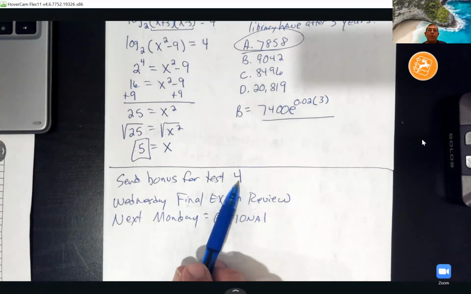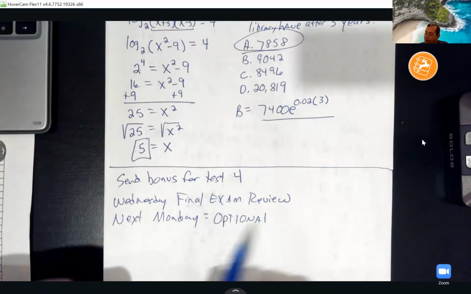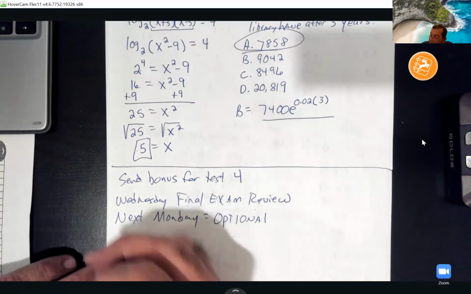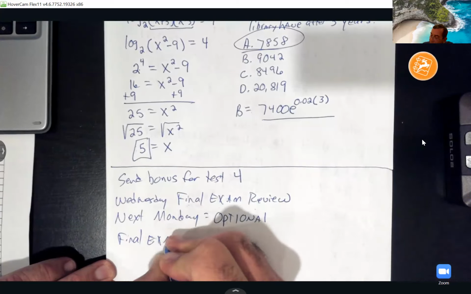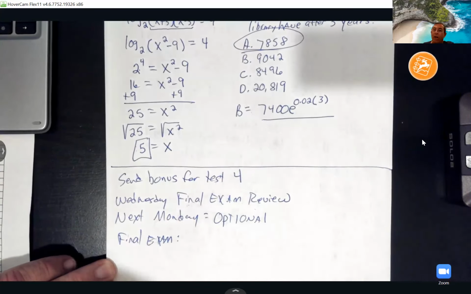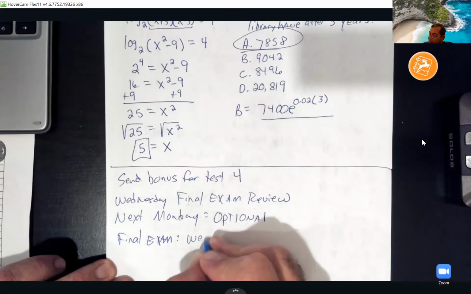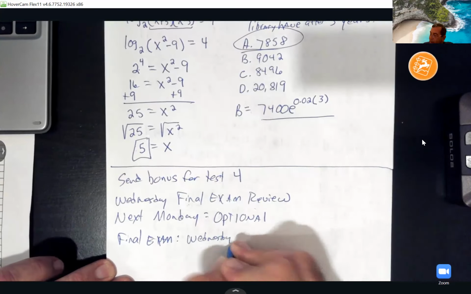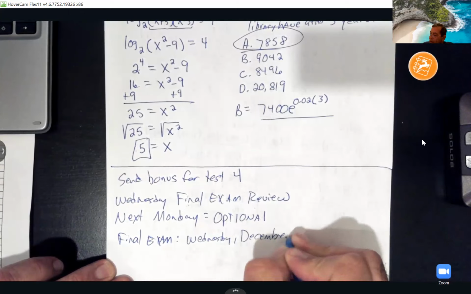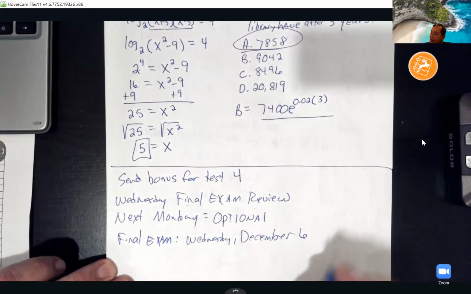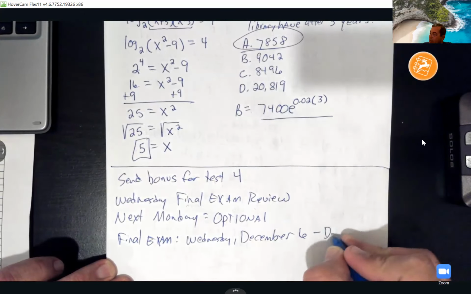Test 4 is due Sunday night, okay? Your final exam is going to open on Wednesday, December 6th, and it'll be due December 10th.